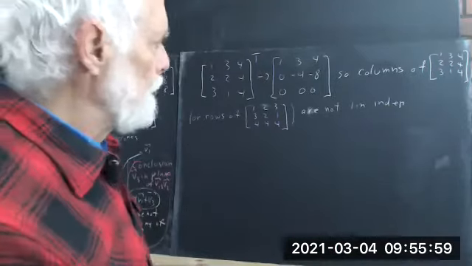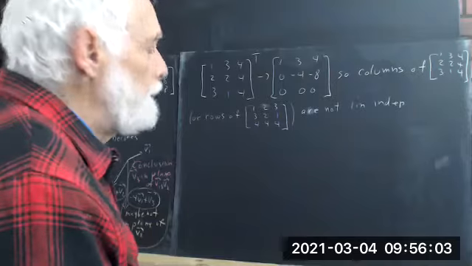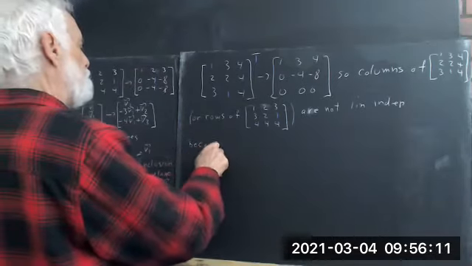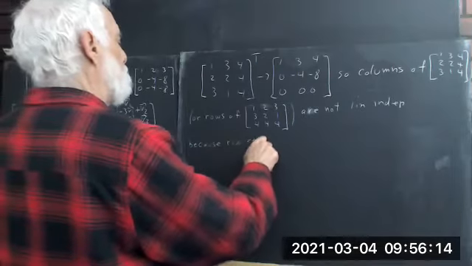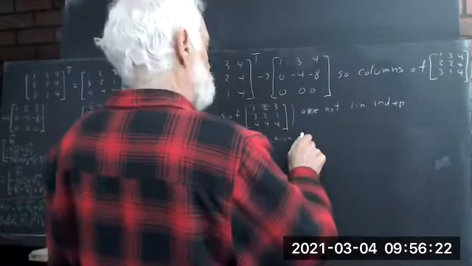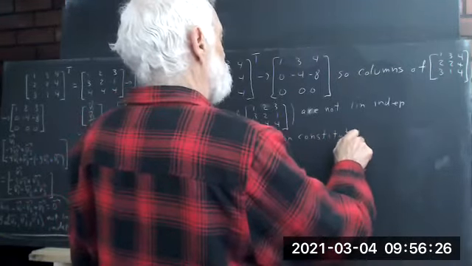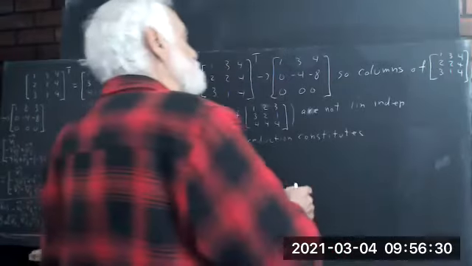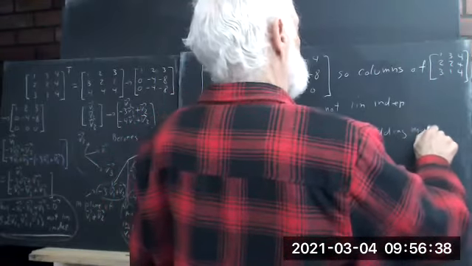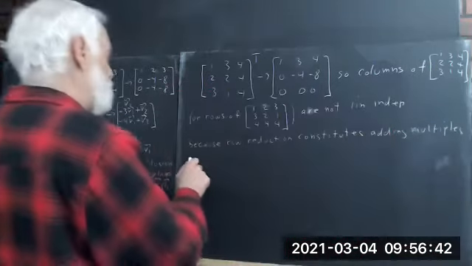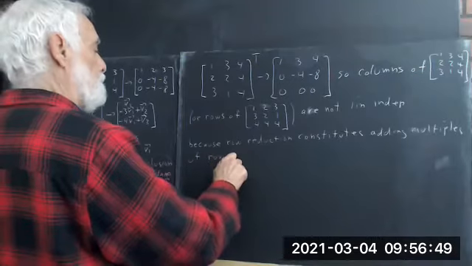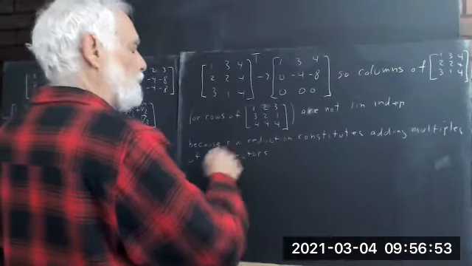Are not linearly independent. Okay, because row reduction, I'll say, constitutes adding multiples of row vectors, and I'm not going to be any more specific than that, although it could be.